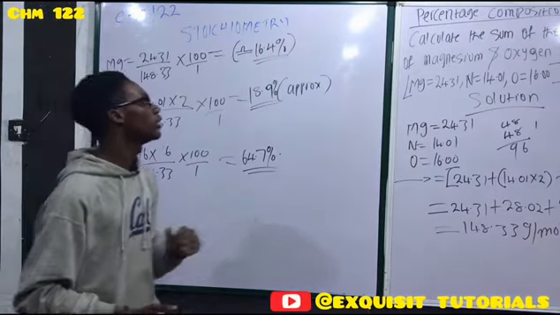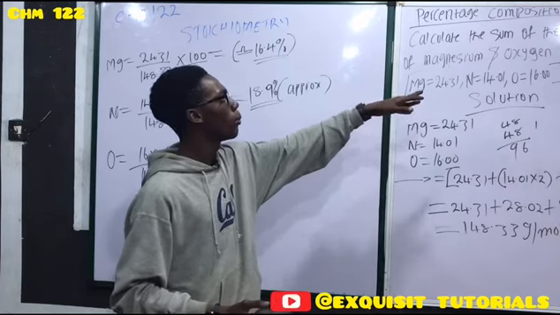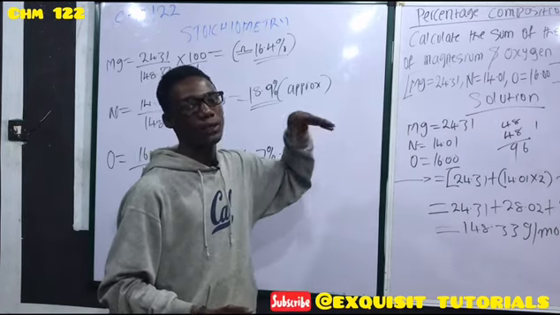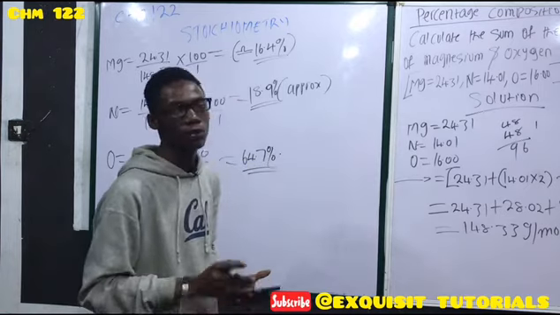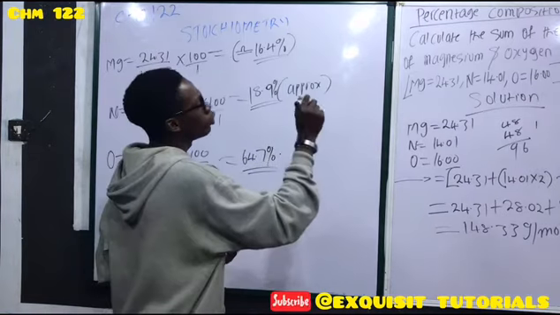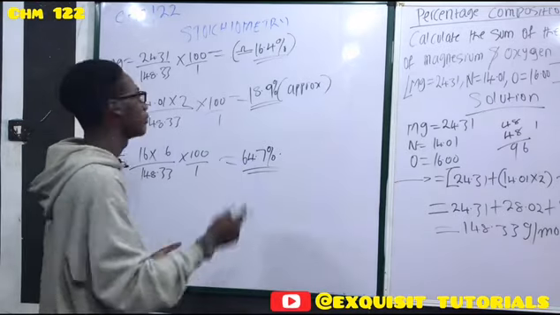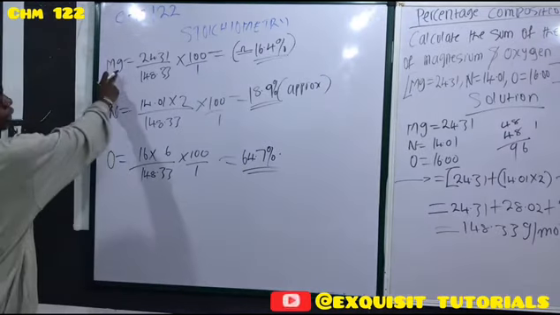Alright, now they said calculate the sum of the percentage composition of magnesium and oxygen. So what are we to do here? So we're going to be doing an addition of the percentage of magnesium and oxygen. So what is the percentage of magnesium?